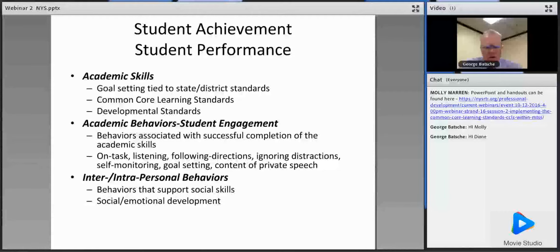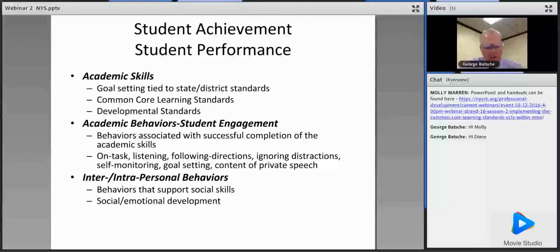So if we're problem solving a group of 3rd graders or 9th graders who are not achieving what we want them to achieve, we start out with: what standards are they at risk for not attaining? Which are the Common Core Learning Standards that are grade or subject area specific, or developmental standards if the kids are really young?